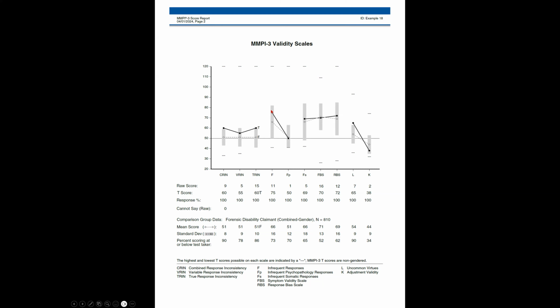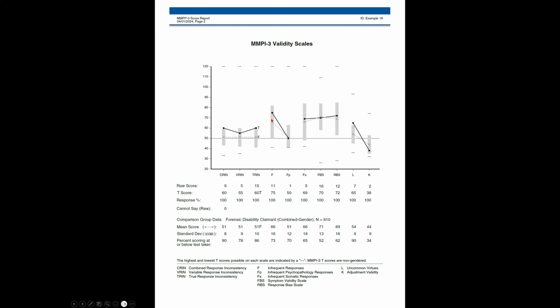We can see that their scores on the validity scales are fairly much within the expected range for a disability claimant, a little bit above the mean T-score of 66 at 75. That's the initial threshold for beginning to interpret scores on the F scale, but obviously we would need additional information about the individual and their functioning to know how to interpret that.